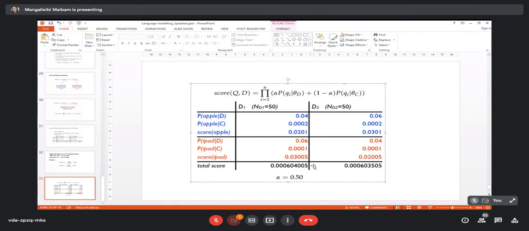So we get slightly different values here, and like this it will be more precise. So the linear interpolation method is more effective than the query likelihood retrieval model without smoothing. This is more efficient. We got an accurate score compared to the initial method.